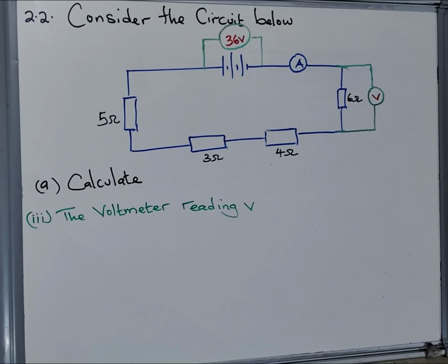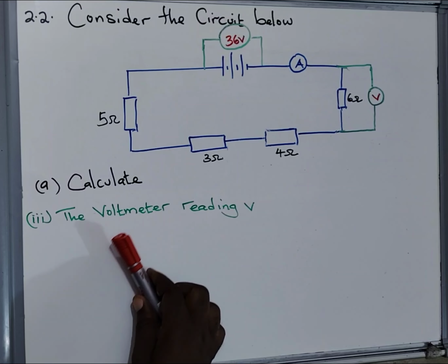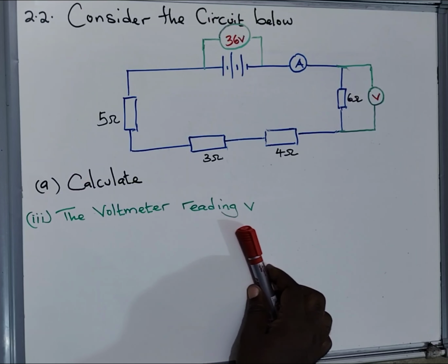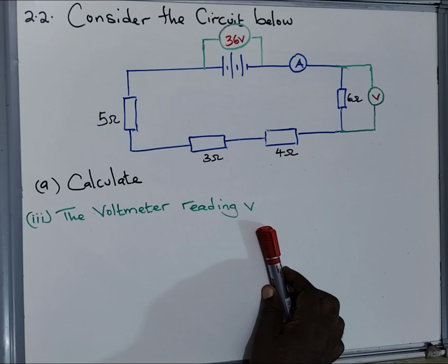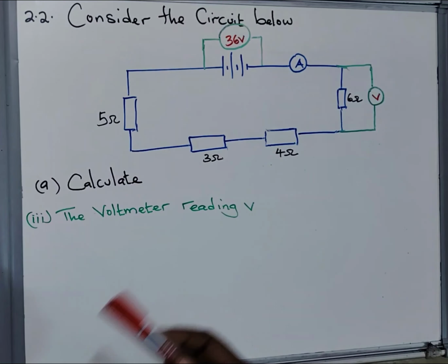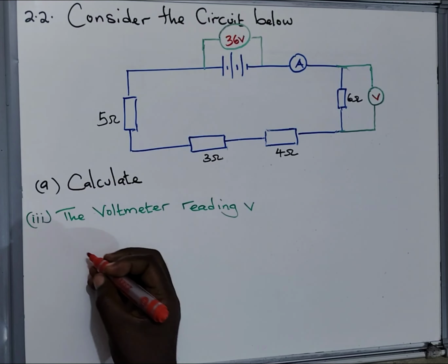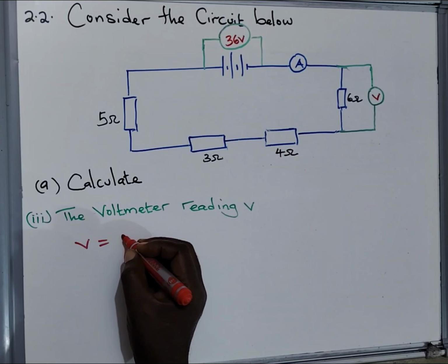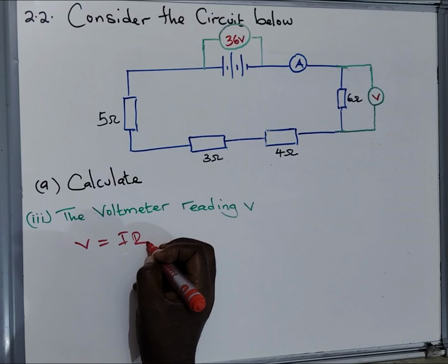Then comes this one. It says calculate the voltmeter reading V. This happens to be our V. And we know that every V is equal to IR.